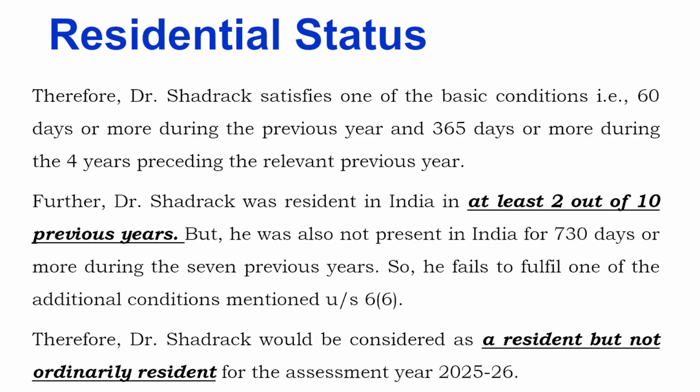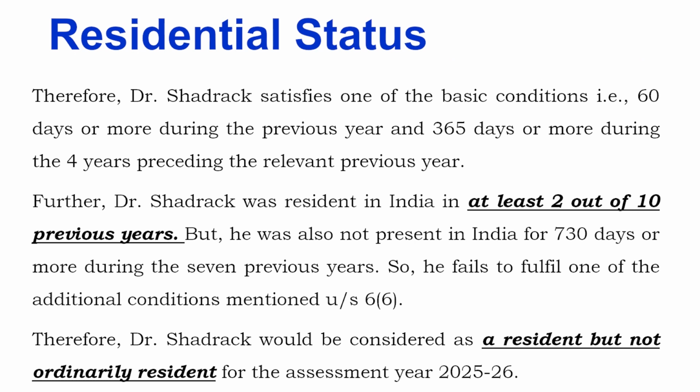Therefore, Dr. Sadrak satisfies one of the basic conditions, that is 60 days or more during the previous year and 365 days or more during the 4 years preceding the relevant previous year.